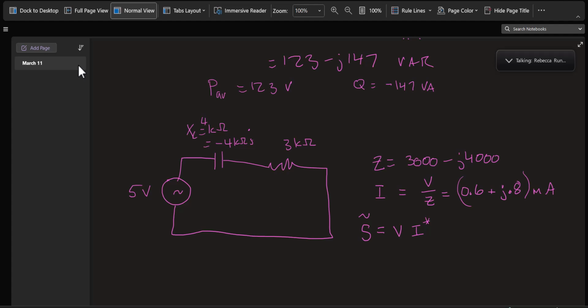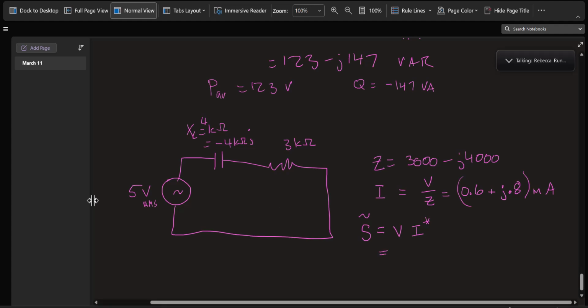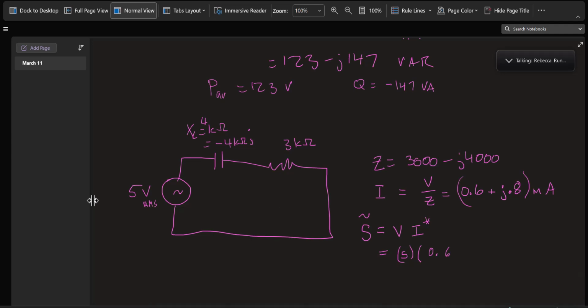Now, you have to be real careful because on this particular handout, they're not labeling them as RMS, but they mean for you to know that they're RMS. And so whenever you're not sure, you should always ask. Like if you have it on a test and it's not specific, you should ask. So our voltage would be 5 times the conjugate of our current, which would be 0.6 minus J.8.